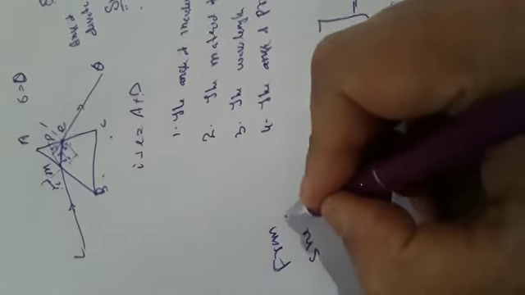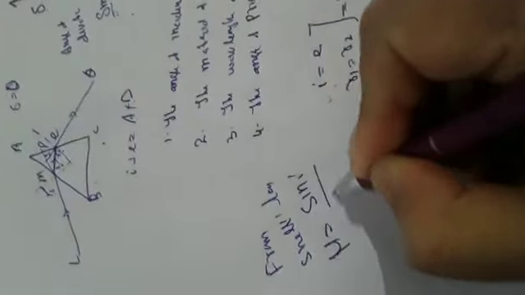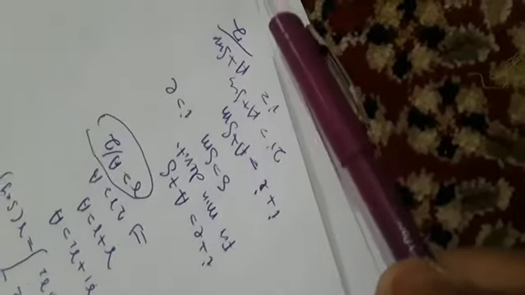From Snell's law, refractive index is equal to sine I divided by sine R. What is the value of I? Instead of I, write (A plus delta M) divided by 2, and instead of R, write A by 2.